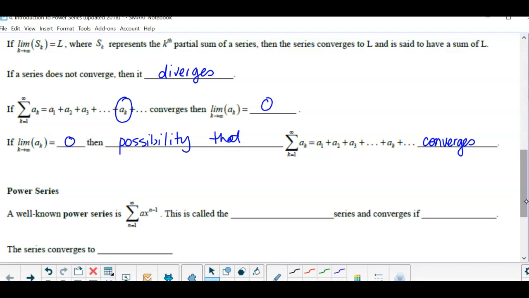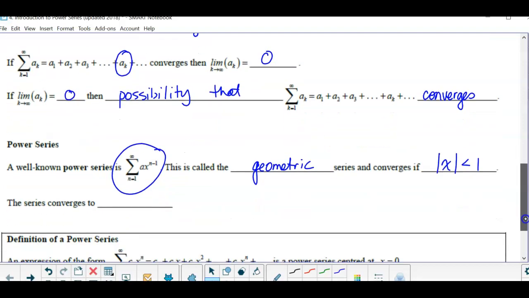So power series, a well-known power series is this one, because you've actually already done it. So a geometric series is actually a power series, okay? So this is a geometric series and converges if the x value is less than 1 or greater than -1, right?